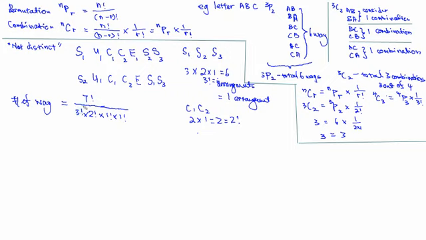So this is the number of ways of arranging the word success, whereby you have 3 similar S letters and 2 similar C letters. The 3 factorial represents S1, S2, S3.